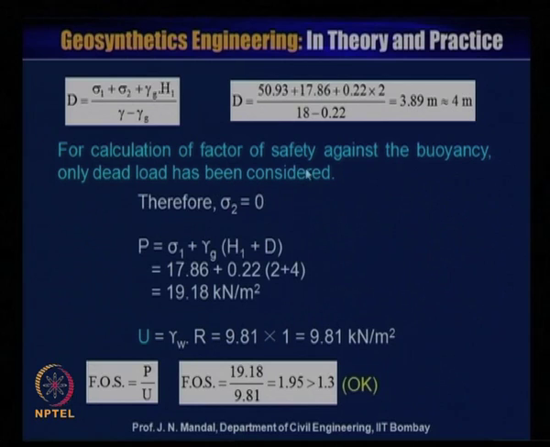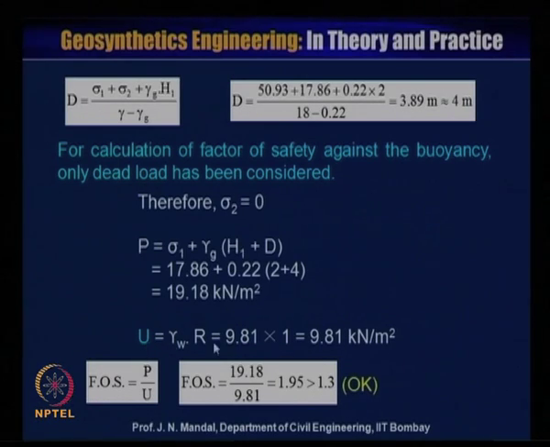Now, for calculation of the factor of safety against buoyancy, only dead load has been considered, therefore sigma 2 will be equal to 0. So, P will be equal to sigma 1 plus gamma G into (H1 plus D). Sigma 1 is 17.86, gamma G is 0.22, H1 is 2 and D, which we calculated here, is 4. So, this will give a P value of 19.18 kilonewton per meter square.